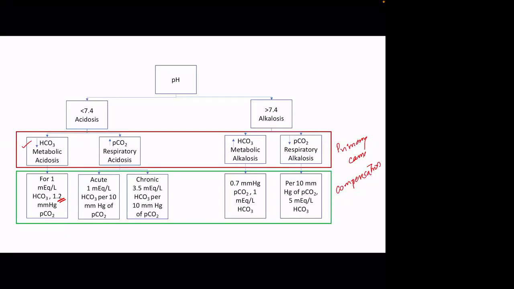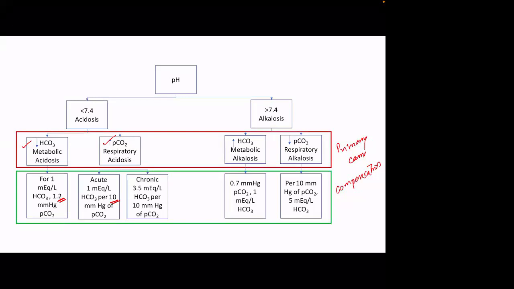In case of respiratory acidosis, where PCO2 is increased, there will be an increase in the bicarbonate levels, or the base levels, to compensate for the acidosis. So in acute cases, the kidneys are a little bit lagging for the compensation. So in the acute phase, there will be 1 milliequivalent per liter rise per 10 millimeter of mercury rise in carbon dioxide.